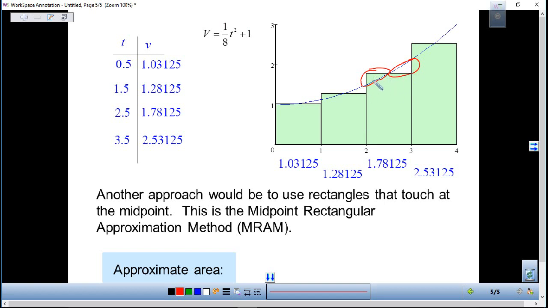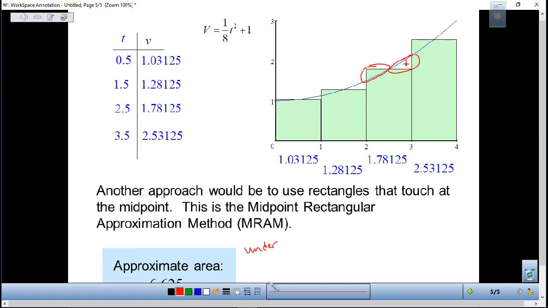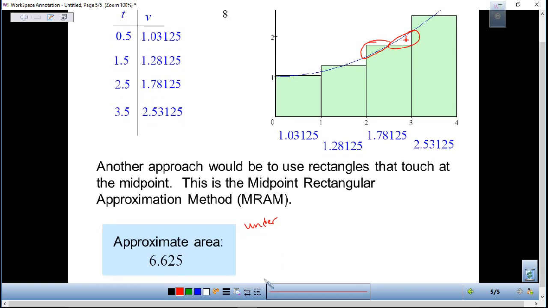Well, because of this thing increasing, this value right here is greater than this value over here. So we're going to have more that's not included than we are that is extra. So that means this is still going to be an under approximation, but it's not near as much of an under approximation as the LRAM was.